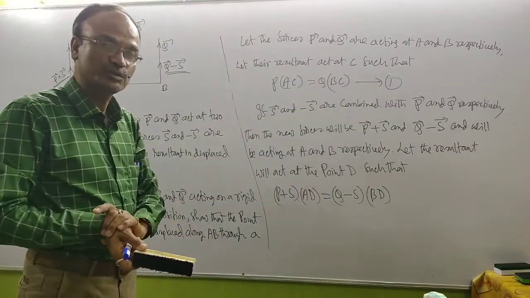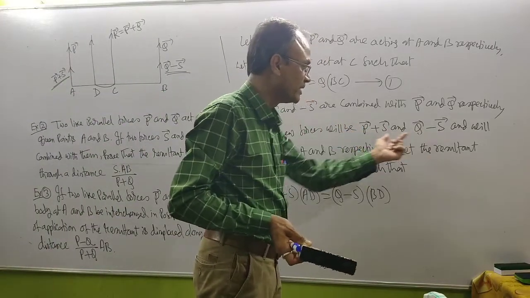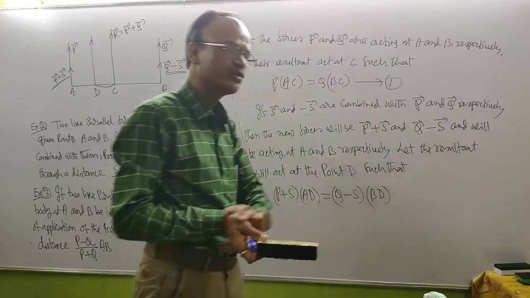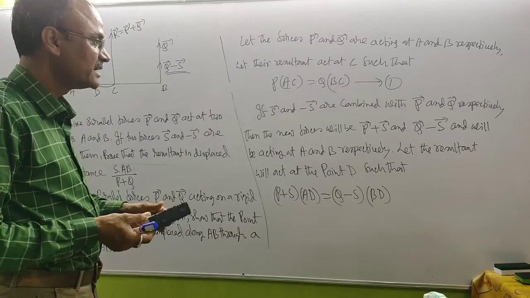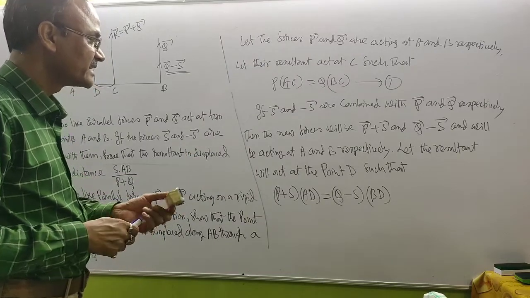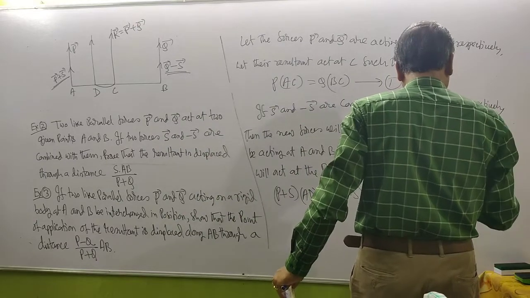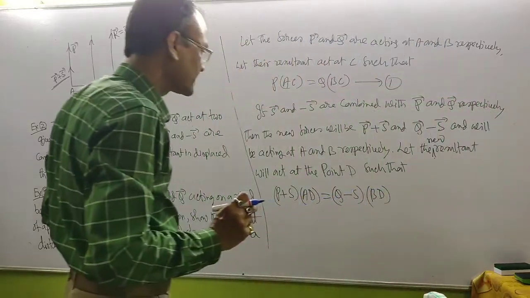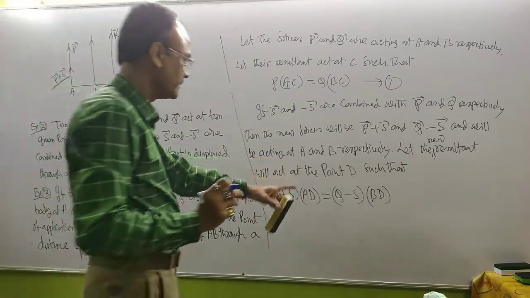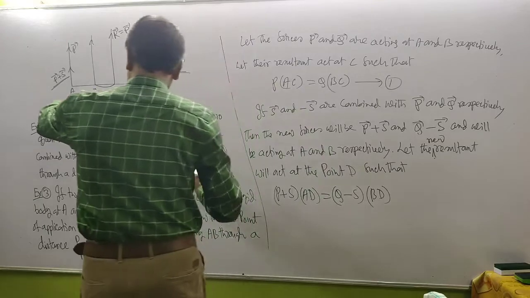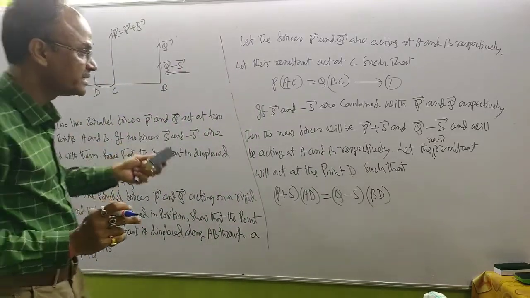Their resultant will also be P plus Q. Sum of the two like parallel forces will be equal to this plus this, which is P plus Q. Let the new resultant act at the point D. We have to find the value of CD.